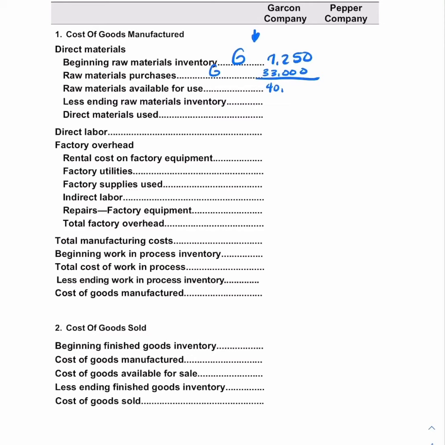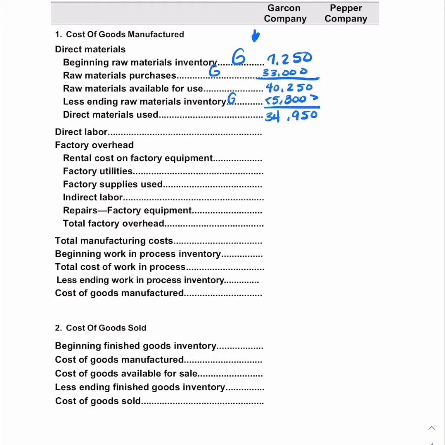So that tells me this is $40,250. Next, we need to take out the ending raw materials inventory, which was also given, for $5,300. When I do that, I see that my total direct materials used then is $34,950.